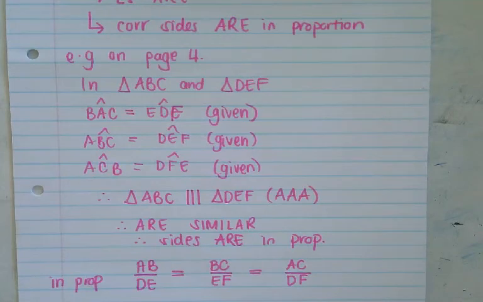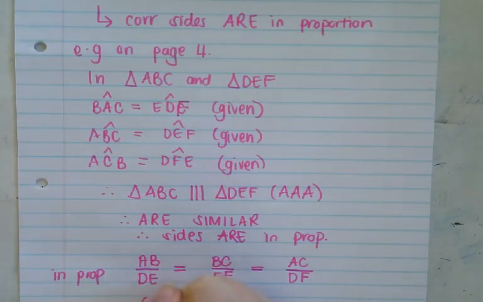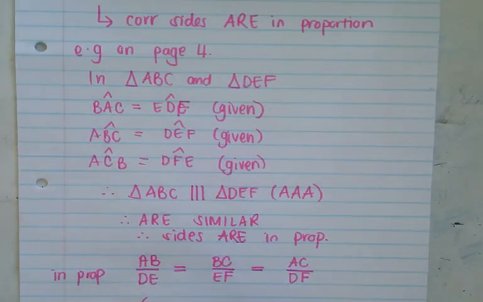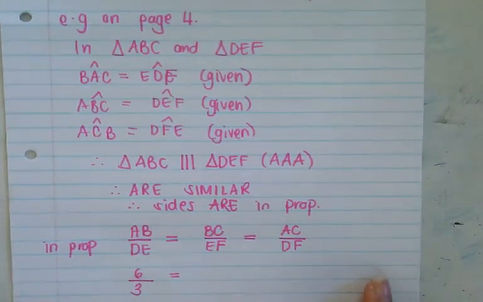So we can look at our values. I want you to fill those values in, so I'll do the first one. AB is 6, DE is 3. I want you to do the rest. What is BC? Write it down. What is EF? What is AC? And DF? And simplify each fraction.